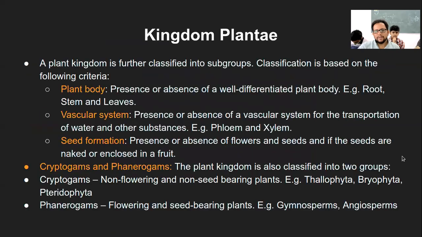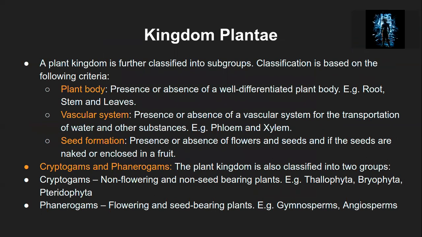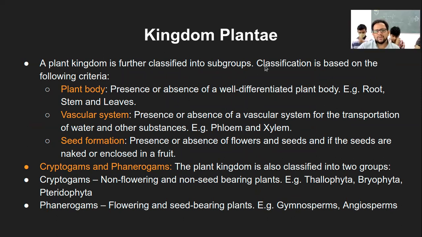Okay, so I guess we will just, how much time do we have? 45, we have time. So the plant kingdom is further divided into subgroups, those 5 types that we know of, and they are majorly based on 3 different categories. How is the plant body?